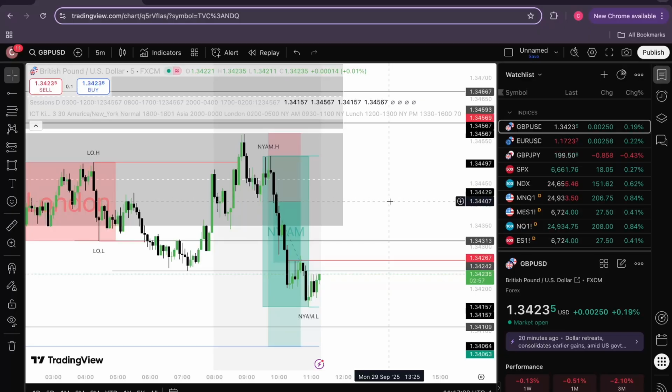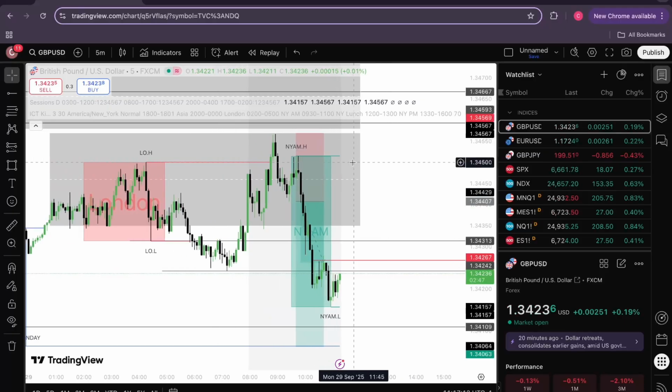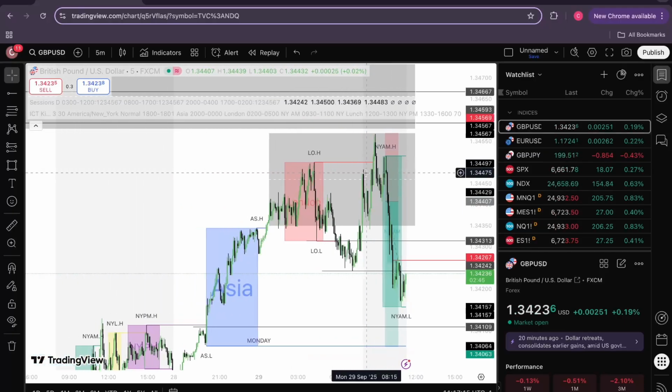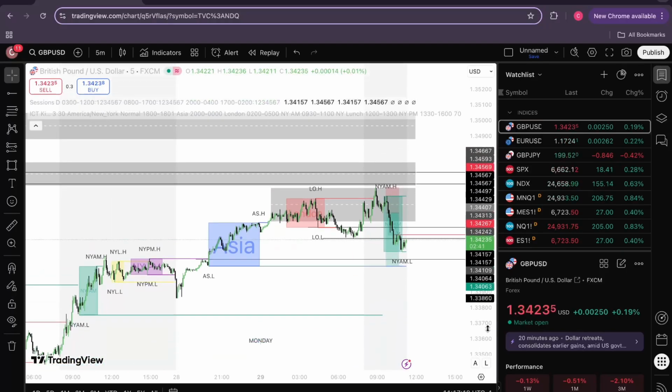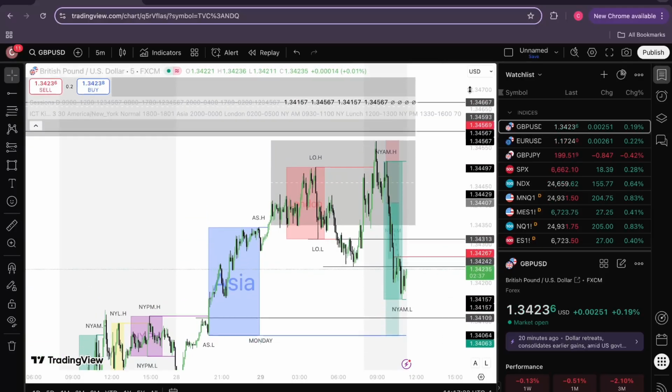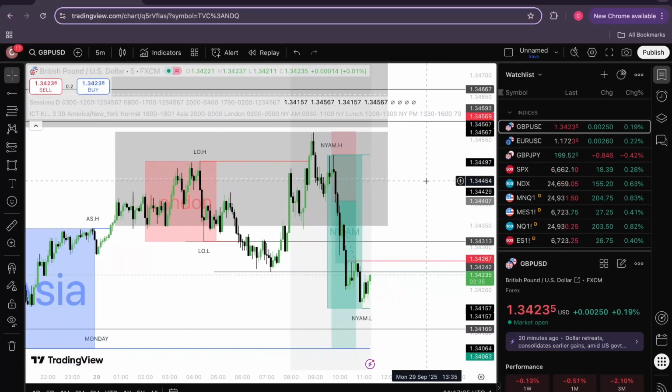So once these lows got broken past, I was entered in on the trade, and pretty much perfect execution there, to be honest. I did have these areas marked out in case my bias did flip, but it worked out perfectly.